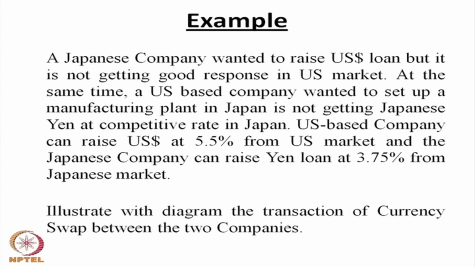Here there is a beneficial process, because two parties are involved, and they have an advantage in their own country, but they are at a disadvantage in each other's country. So now they can go for a swap transaction.